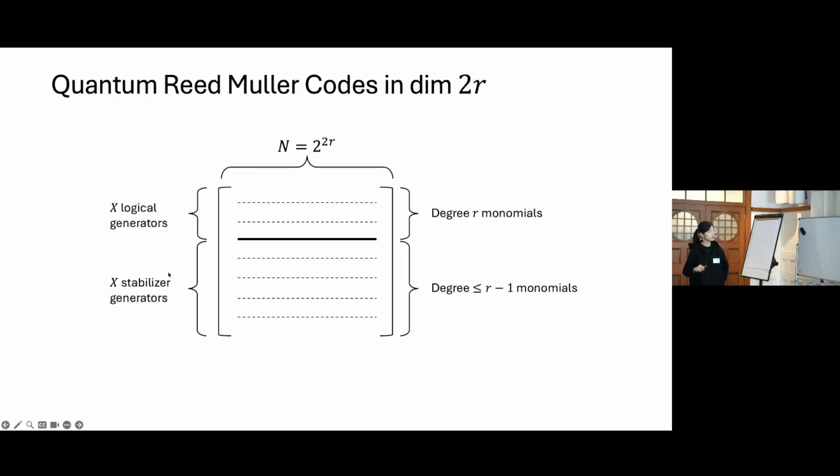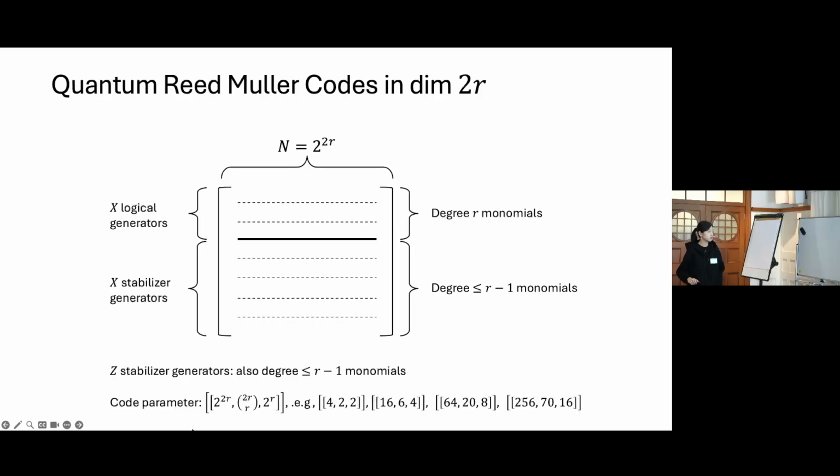And the X stabilizer generators are degree less than or equal to R minus 1 monomials. One thing you can check is that the X stabilizer generators commute, because if you multiply these 2 monomials here, you will lack two variables, and the weight of the intersection is divisible by 4.